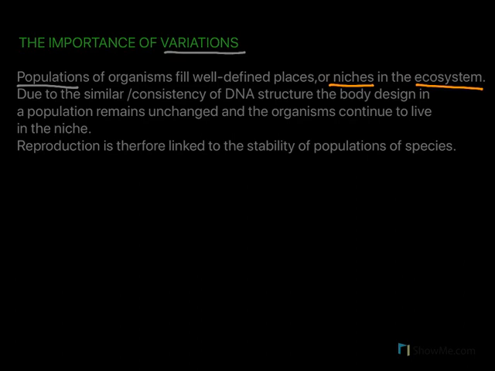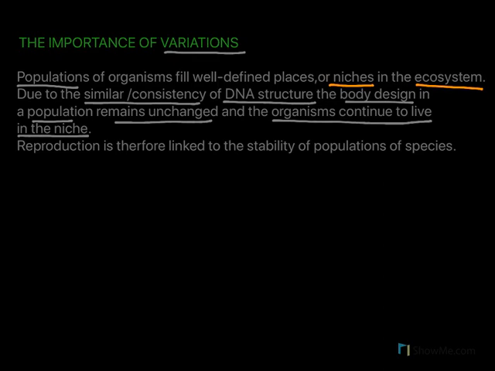So every body design is adapted to that niche to help the organism get what they require from their surroundings. Now, due to the consistency of the DNA structure, the body design of a population remains unchanged. And because the body design remains unchanged, the organisms continue to live in a niche.